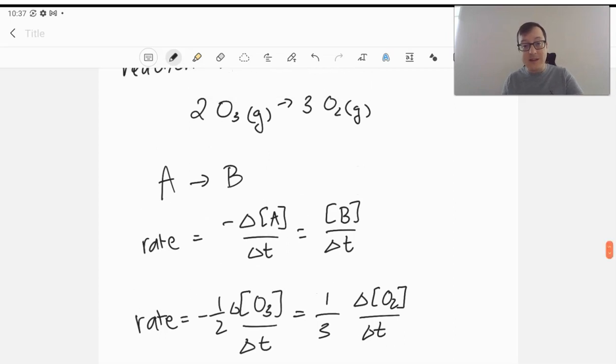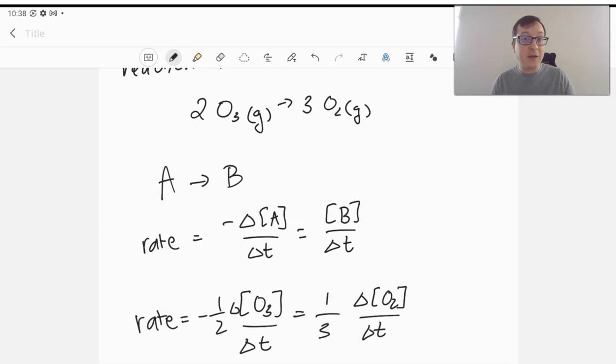We know this because it's a 2 to 3 ratio happening here. If we want to standardize these to make them a 1-to-1 comparison, well, we just need to divide by our coefficients. Since we know it's 2 molecules of ozone that are being depleted, if we want to look at the rate at which 1 molecule of ozone is depleted, that would be half that, right?